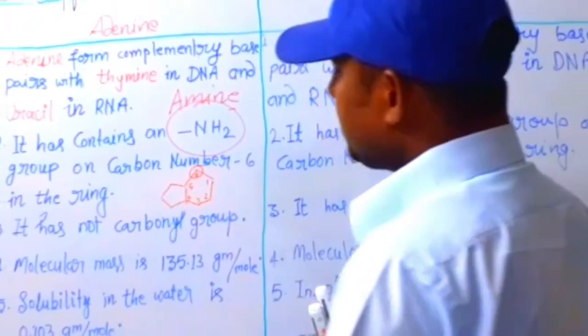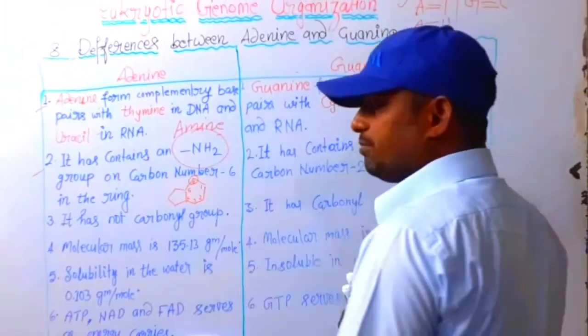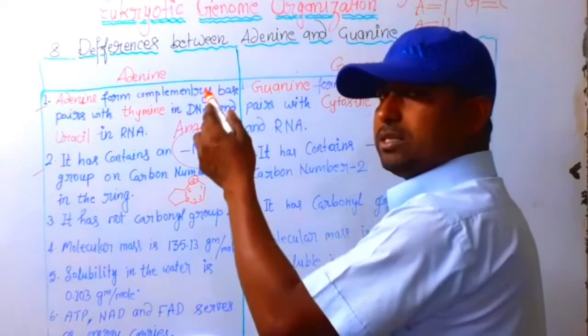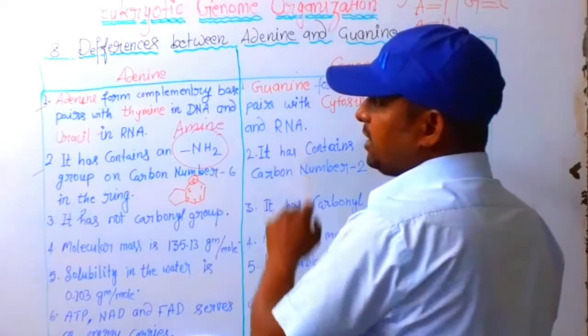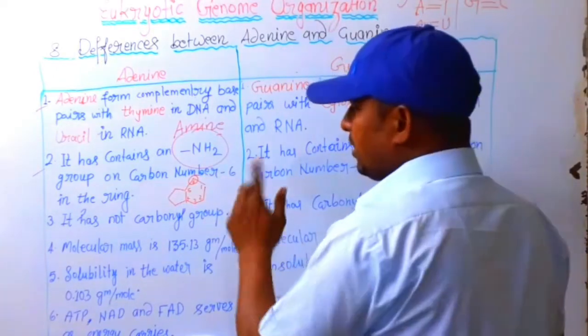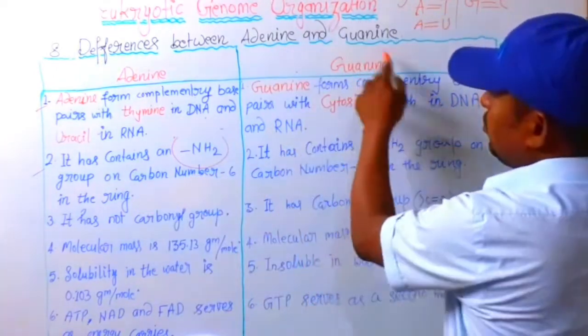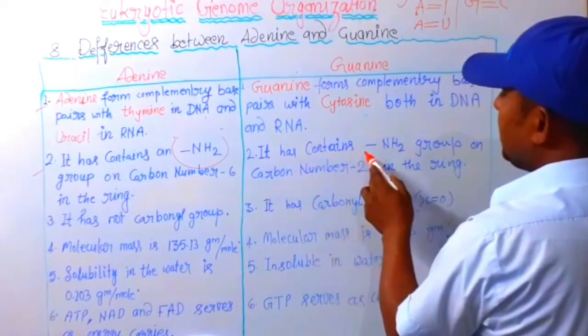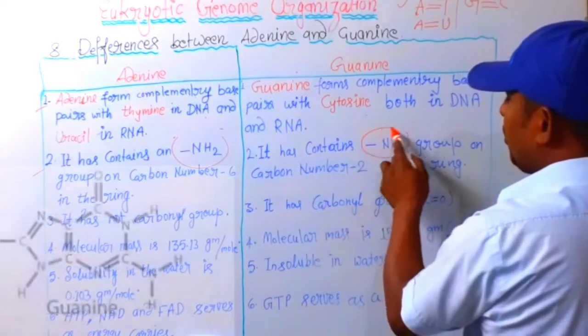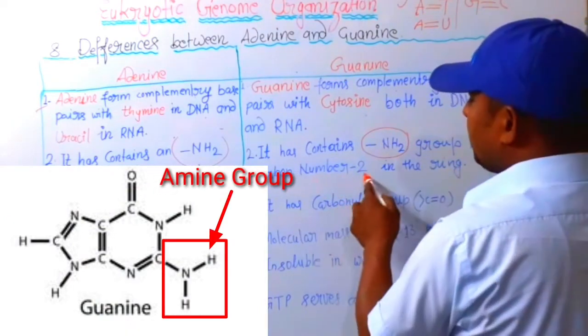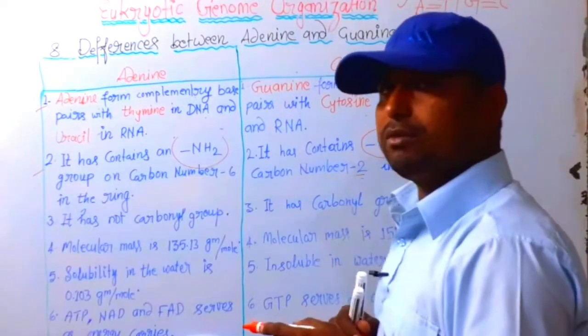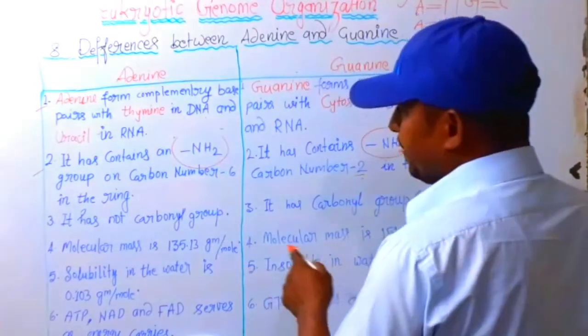Carbon number 6 has the amine group. You can see this in the earlier structure. In guanine, there is an amino group on carbon number 2, as you see in the structure.